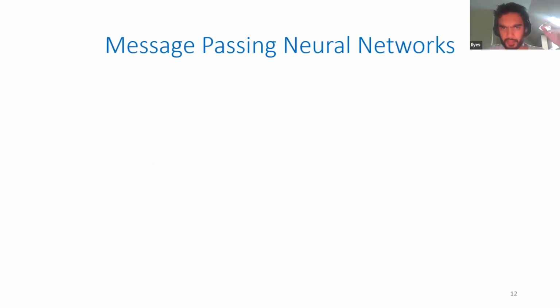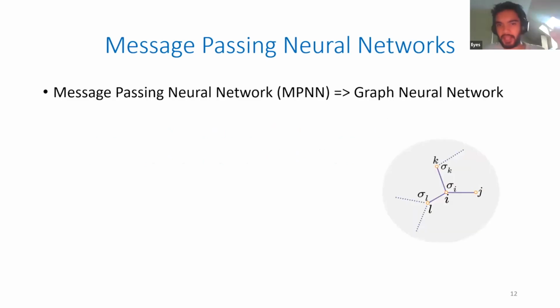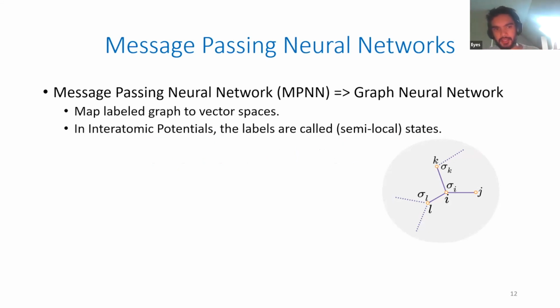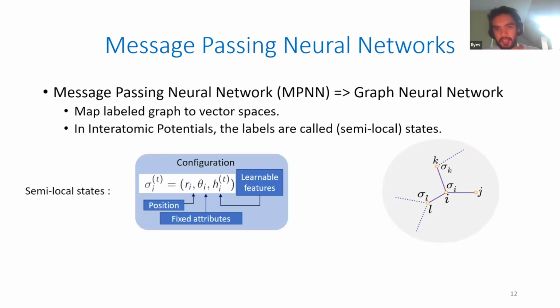A quick recap on what message passing potentials are. I know most of you are familiar with that, but MPNNs are just graph neural networks, and they map labeled graphs to vector spaces. In the case of interatomic potentials, the labels on the graph we call semilocal states. And these semilocal states are composed of 3 features.